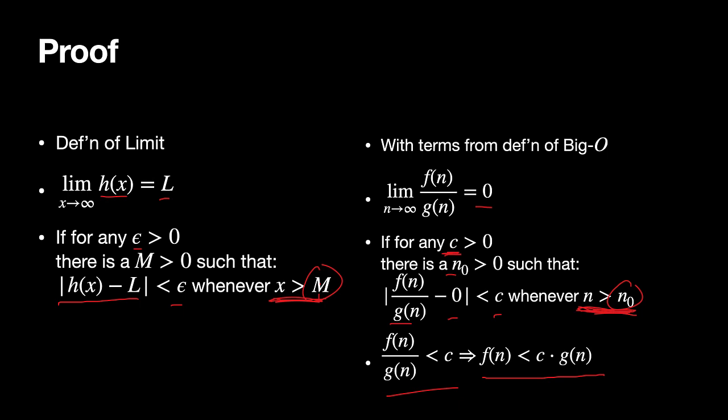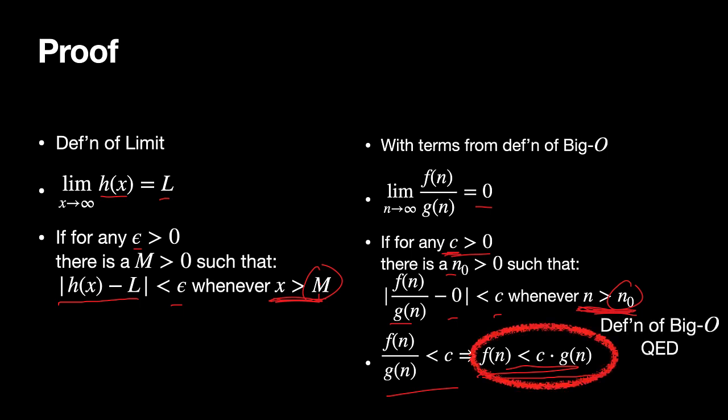Big picture view, we've got this inequality, and we've got a c greater than 0. So this essentially matches up with our definition of big O. So we've essentially proven that the definition of a limit, when that limit is equal to 0, corresponds to our definition of the big O notation.